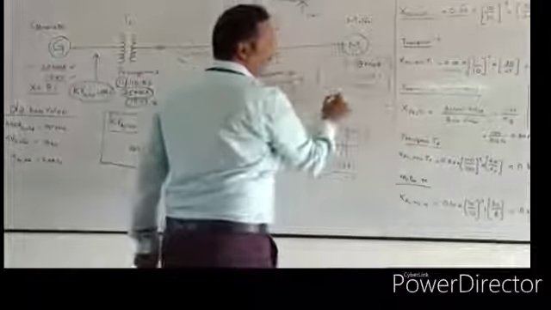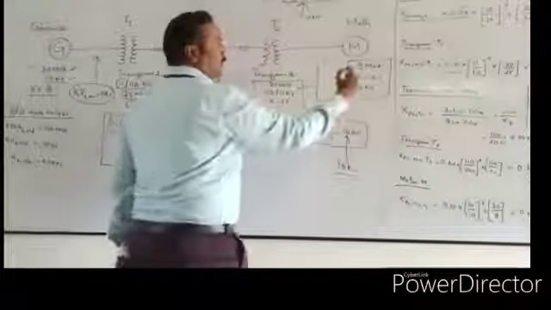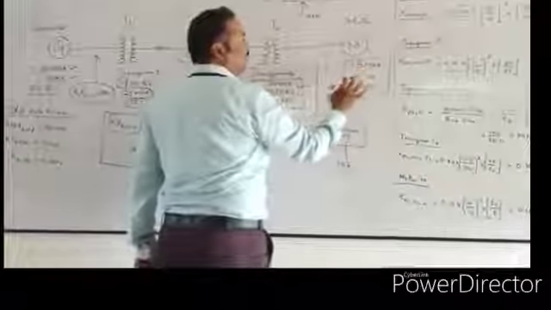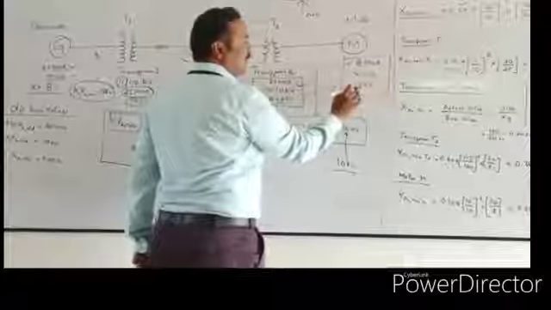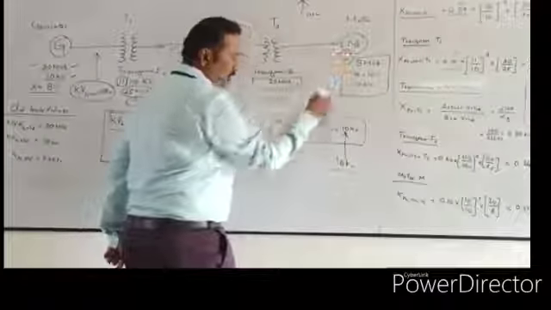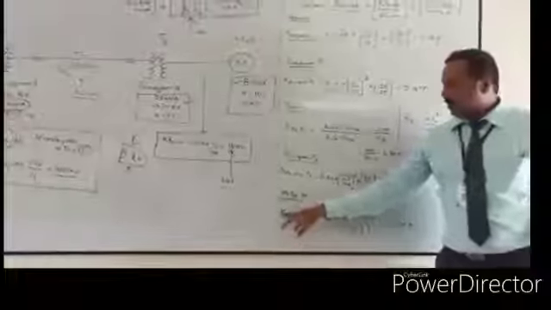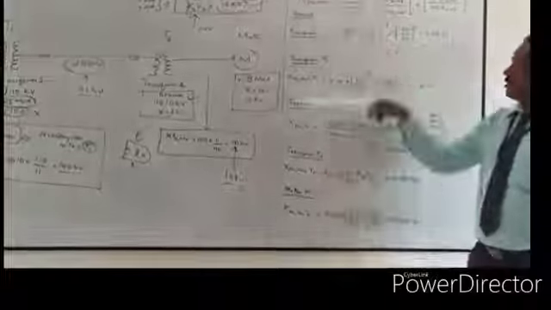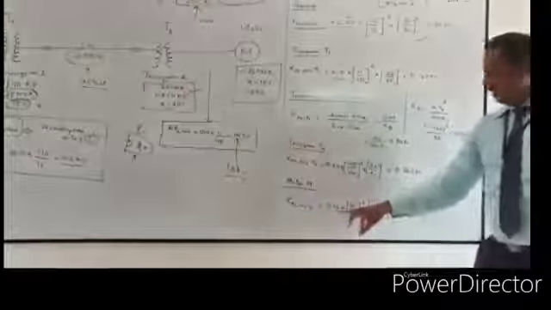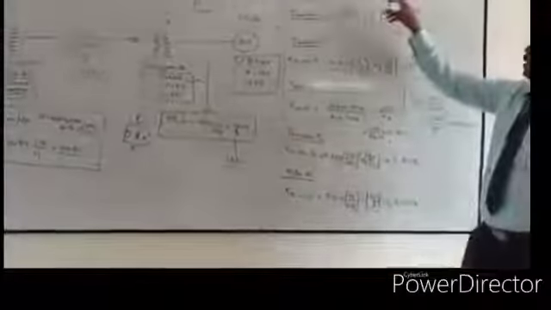Now we calculate what is the per unit value for this motor. So the old base values are 8 MVA, X is equal to 10%, and the old kVp value is equal to 10. So from that we can calculate what is the new per unit value for the motor. So finally, the motor's new per unit reactance is equal to the old value, 0.1, multiplied by kVp old by kVp new.